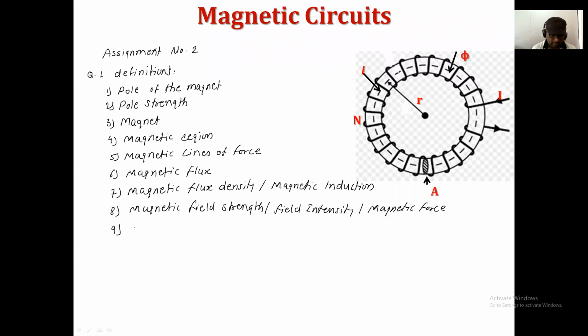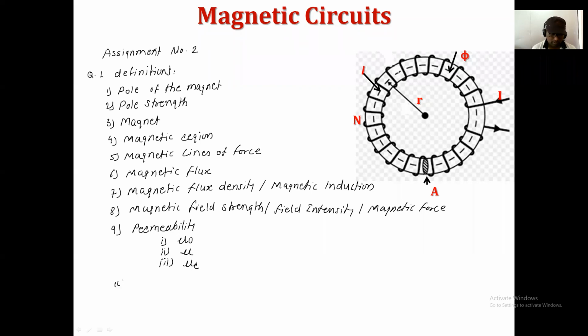Then 9, permeability. And in that we discussed the 3 things, and 3 definitions. One is mu 0, second is the permeability mu, and the third one is mu r.